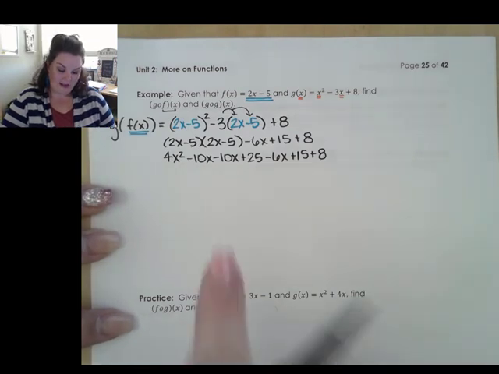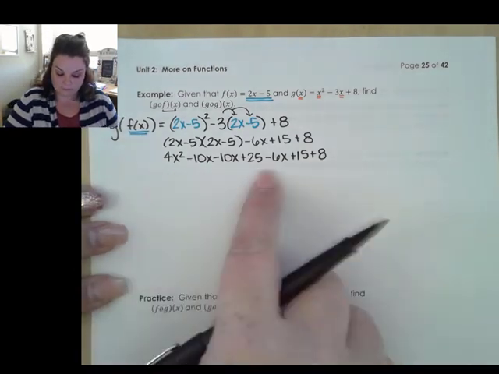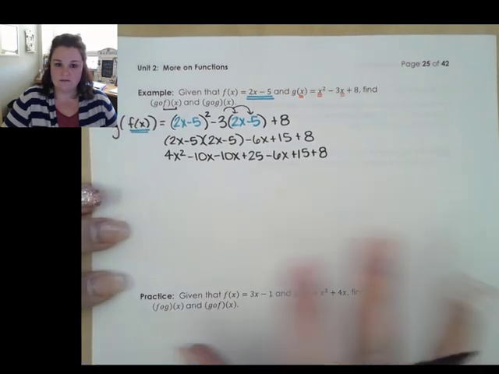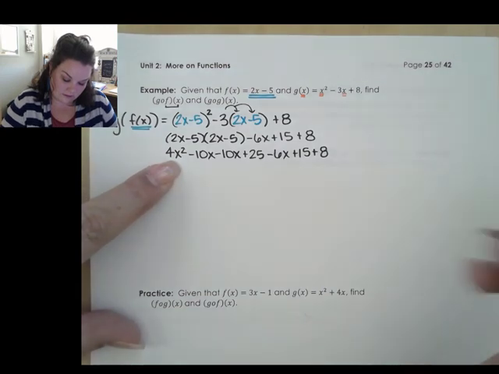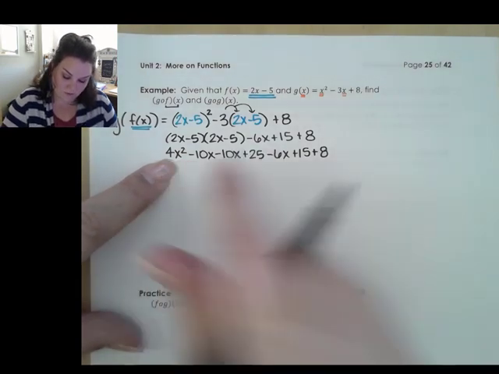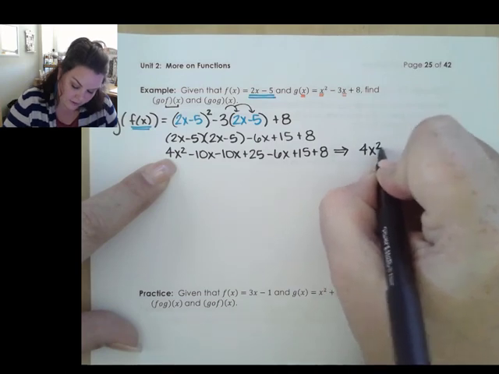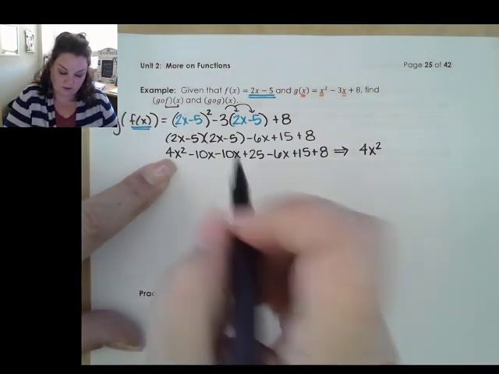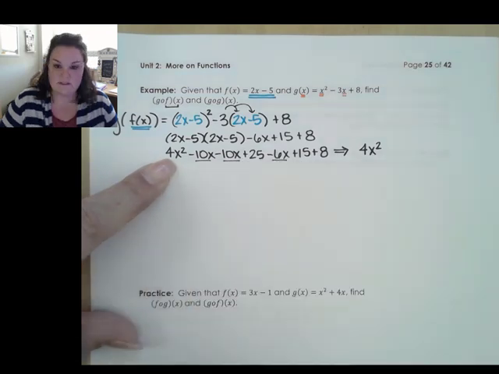Right? So now that I have it all written out, I want to go ahead and combine my like terms. So when I combine like terms, 4x squared is my only x squared term. So I have 4x squared. When I look at my x terms, I have negative 10x, negative 10x, and negative 6x.